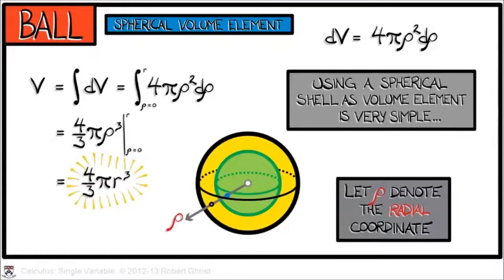Using this spherical shell seemed to be the simplest integral. But determining what the volume element is in terms of the surface area of that shell was maybe not so simple. The moral of this story is that the proper volume element can make the integration very, very simple.